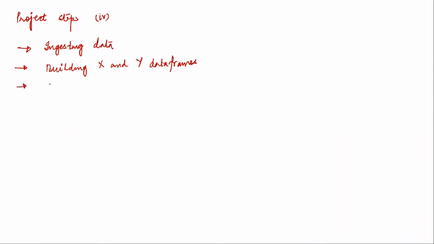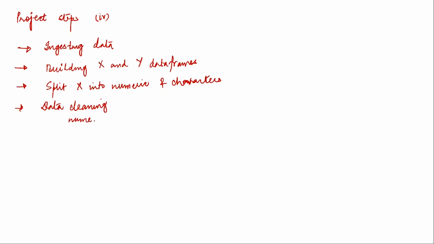Once you do that, split X into numeric and character. Then comes data cleaning. We will do this in two parts, right? So the first part is numeric, and the second part is character.